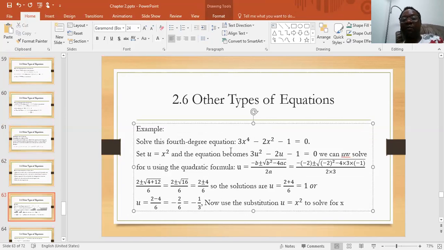If I get u = -1/3, the solution cannot be a real number because the square of a real number cannot be negative. So u = 1 is the only one that can be used to find a real solution, which will be x = -1 or 1.